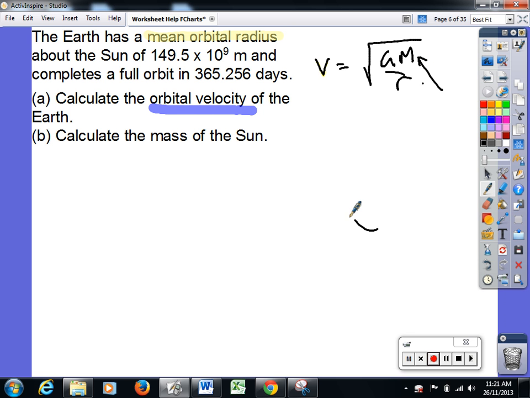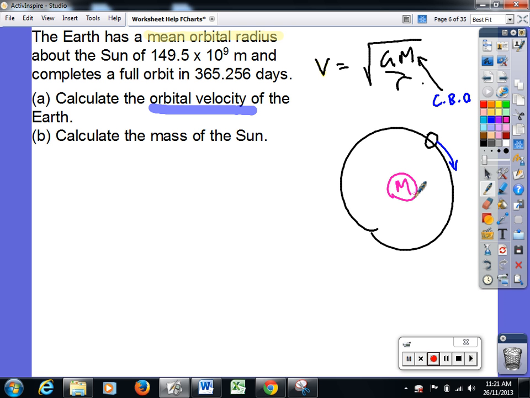Now, if the Earth is the planet in motion, going around, then remembering that m is the central body of the orbit, the CBO I'm calling it here, what is the central body of the orbit? It's the mass of the Sun, which is what we are actually asked to find in part V. So we can't use this formula because we do not know the mass of the Sun. We do know the radius of the orbit, but we don't know enough information to use this formula. So we need to find v in another way.